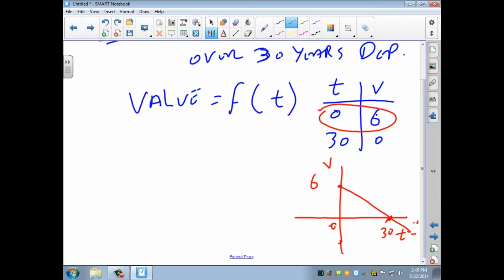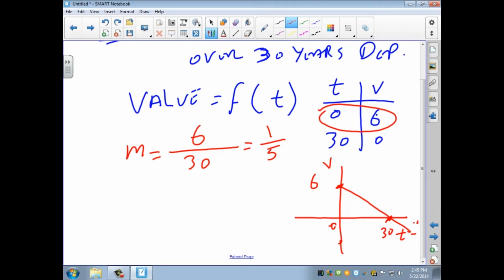So I can see the intercept is at 6. What is the slope? When the building of $6 million depreciates over 30 years, the slope would be equal to 6 divided by 30, which is equal to 1/5 of a million, or 200,000.